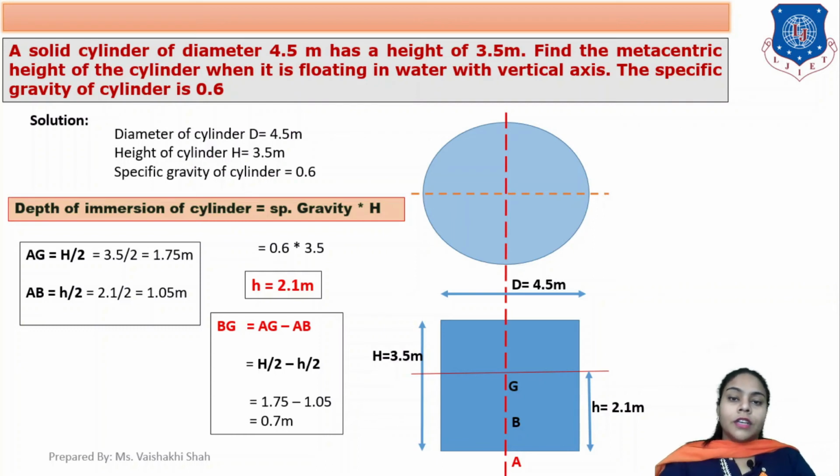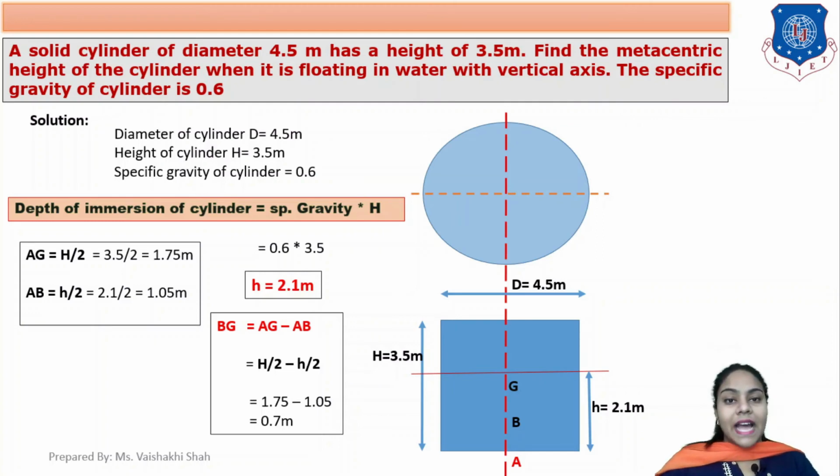Now first of all, the shape of the body is a cylinder. Imagine a cylindrical body, a pencil. If you see a pencil from the plan, from the top view, you can see a circle, and from the elevation, the side view, you can see a rectangle.